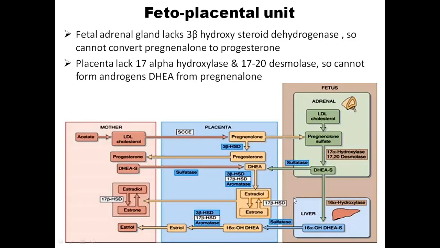On the other hand, DHEA sulfate, if it is not converted into 16-hydroxy, the sulfatase enzyme converts it into DHEA, and that is converted into estradiol by aromatase and 17-beta-HSD, which is again not present in the fetus.